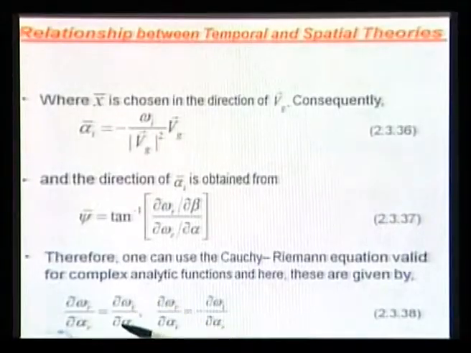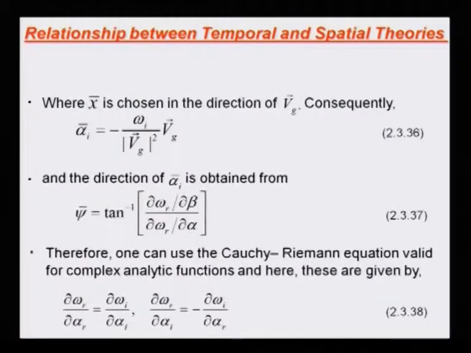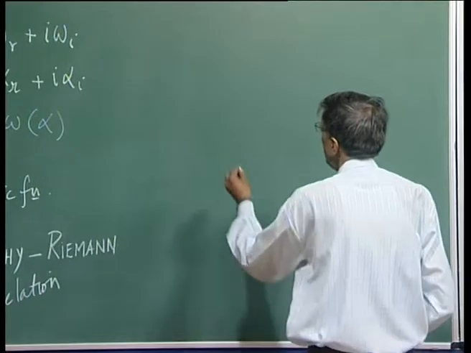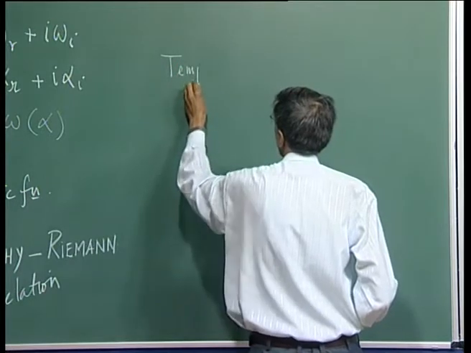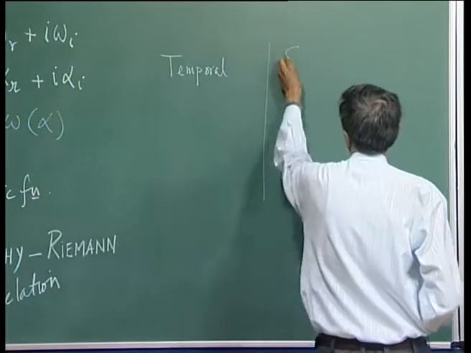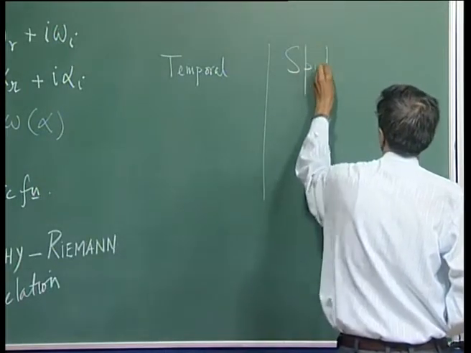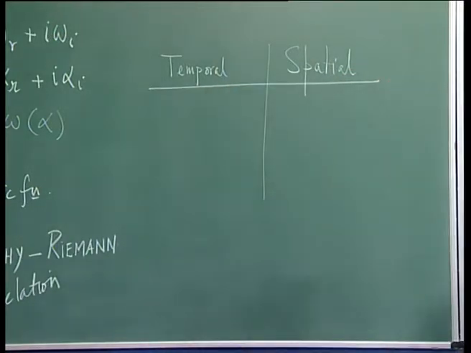And the right hand side, what we are noticing is a kind of a variation of the temporal growth rate with respect to the spatial growth rate. Now, if I draw this table here, that if I have a temporal theory vis-a-vis a spatial theory, then what are we getting? For a temporal theory, what we have?